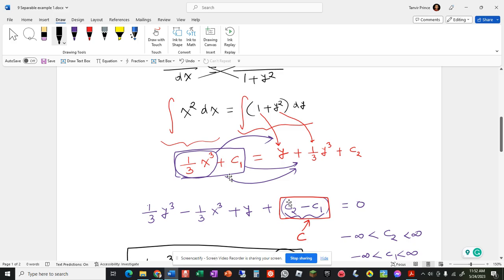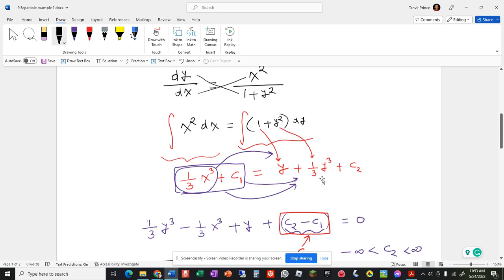So do not add the constants of integration on both sides. Just add it on one of the sides, and that will be okay. From now on, when we take the integral of both sides, we will only add c on one of the sides, not both, just to simplify our life a little bit.